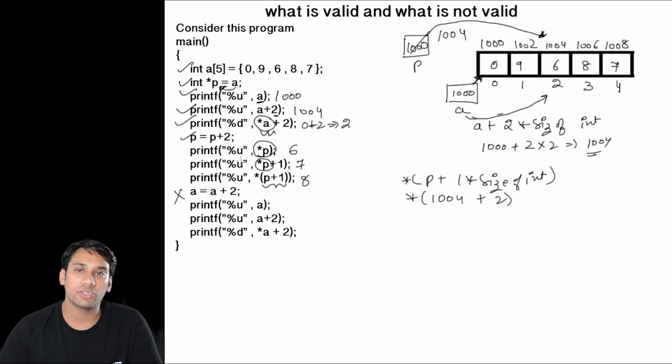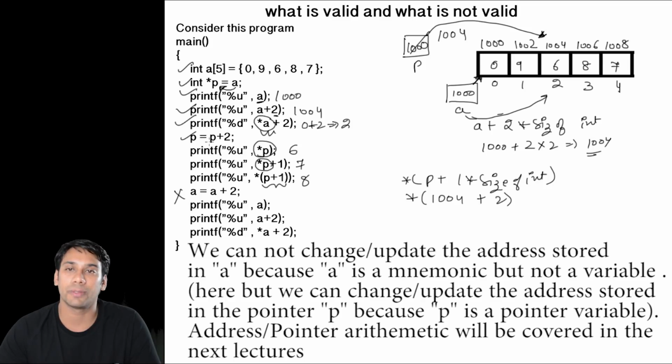Even though this A is acting as a pointer, we cannot increment its value. For example, here P is equal to P plus 2 is valid, because P is not declared as P[5] or something; in the first statement, A[5] was given officially. That means A is pointing to the base address of this array, and then we took the pointer P.